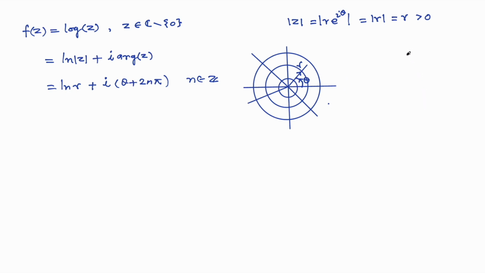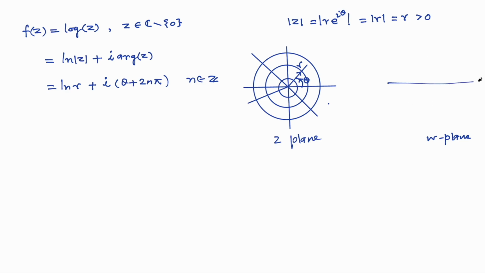So when you transform into the uv plane, this is the z plane, and when we say w plane, the function is f(z) equal to log of z.